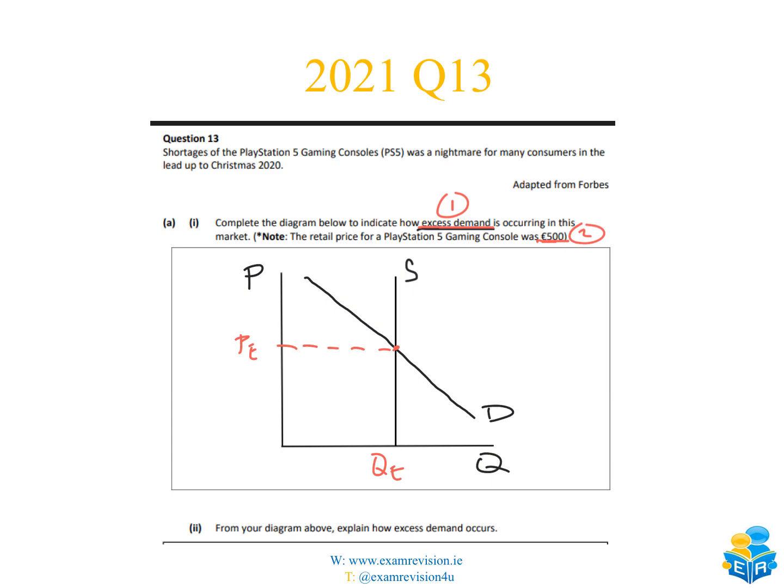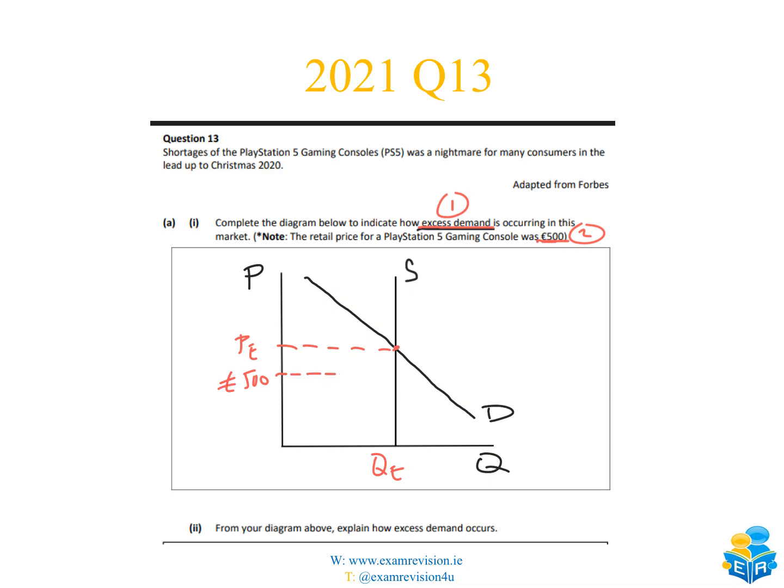The next thing we're going to do is put in our second point, which is our €500. We know that equilibrium occurs where supply and demand meet, and that's PE. €500 is going to be below that because it's already told us that excess demand has occurred. So we know there's extra demand.